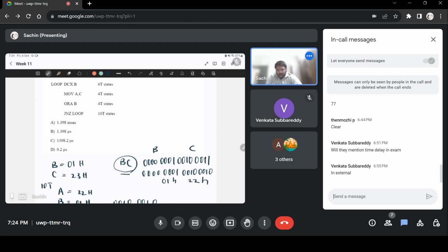And so we need to keep track of the Z flag. DCX, MOV A C, or ORA B, all these you have to check which of these will change the contents of the Z flag. Let's see which of them does it.